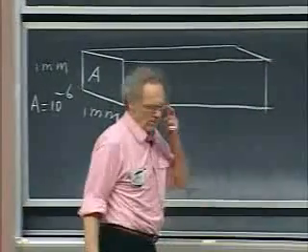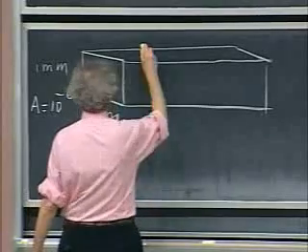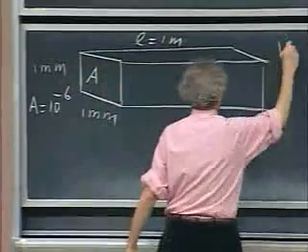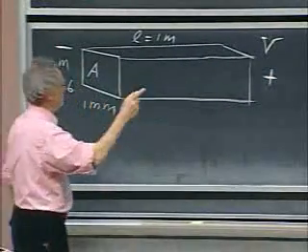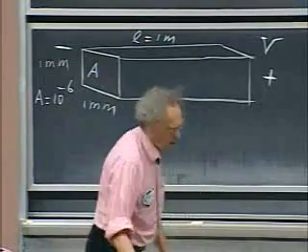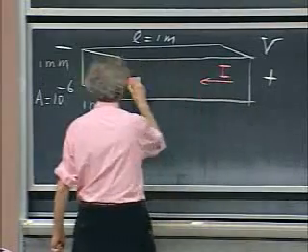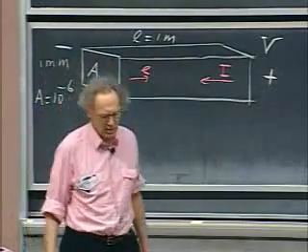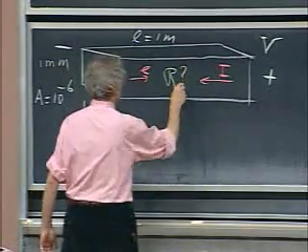The length of that material, L, is 1 meter. Put a potential difference over there, plus here and minus here. Current will start to flow in this direction. Electrons will flow in this direction. And the question now is, what is the resistance of this chunk of material?